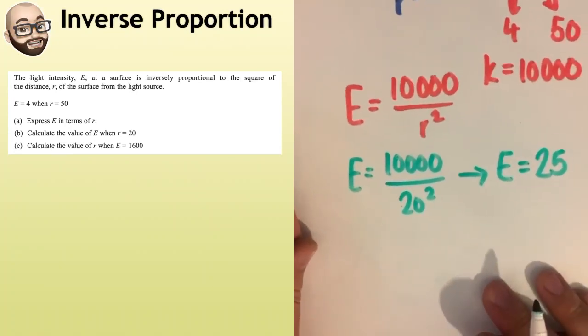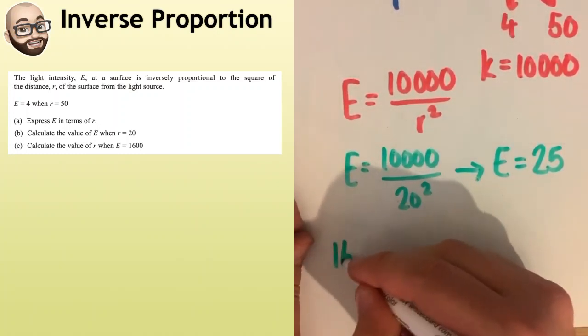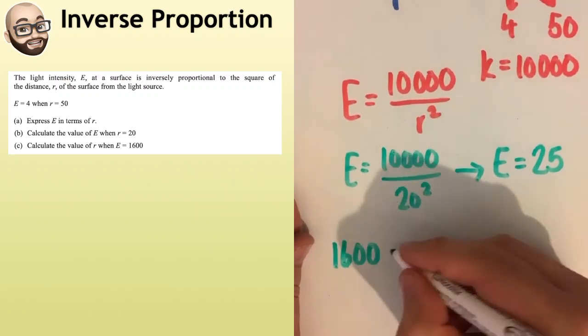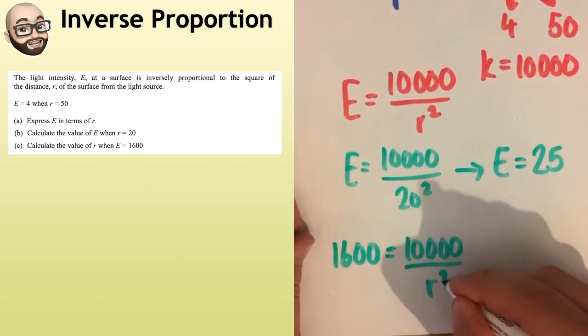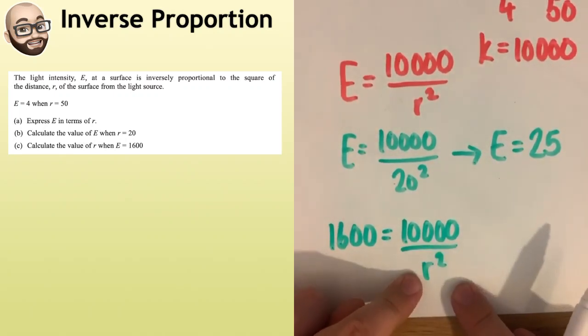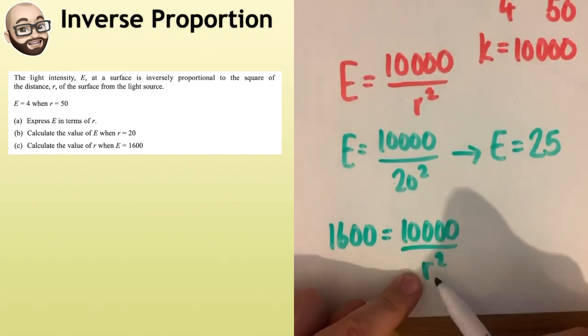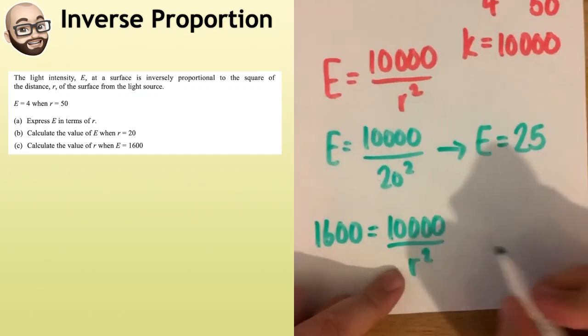And then for the next one, a slightly different rearranging one. It says if E is 1,600, work out what R is going to be. So I'm going to hopefully do 2 steps at once here. I'm going to take this R squared across as a times, and then bring this 1,600 down as a divide.